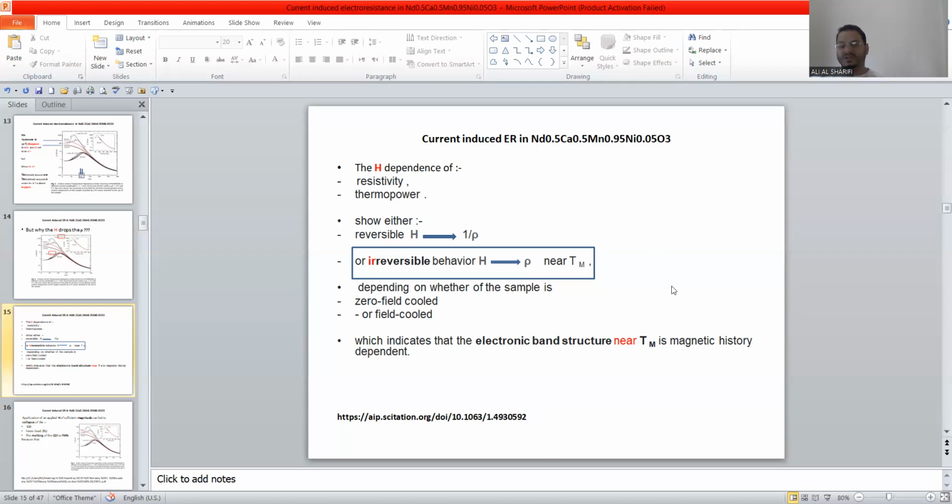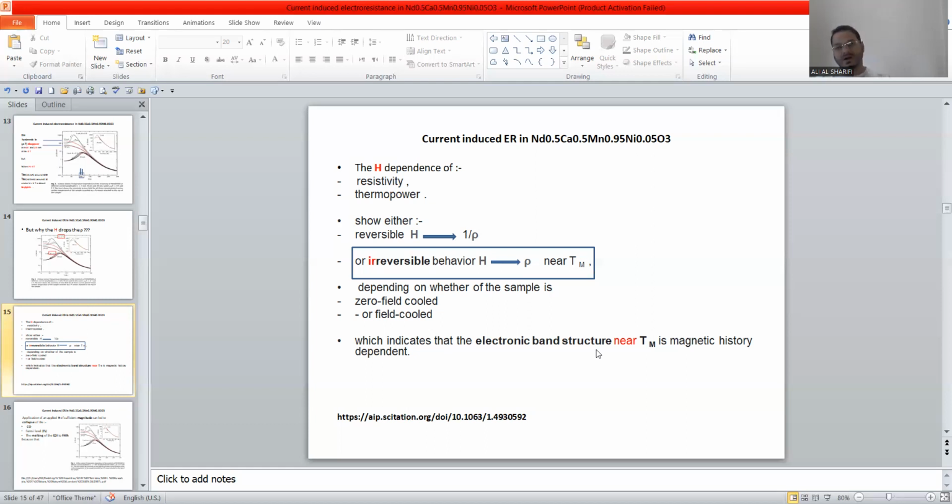That means when we increase the magnetic field, the resistivity will start to decrease, depending on the nature of the sample. And let's focus on this note, which indicates the electronic band structure near the metallic transition is magnetic history dependent.